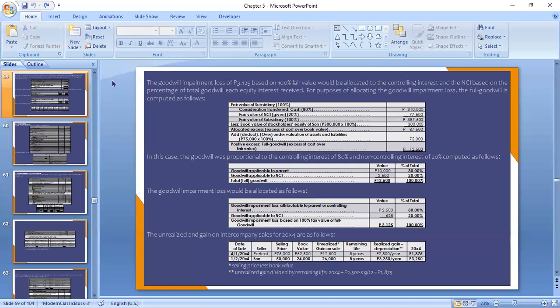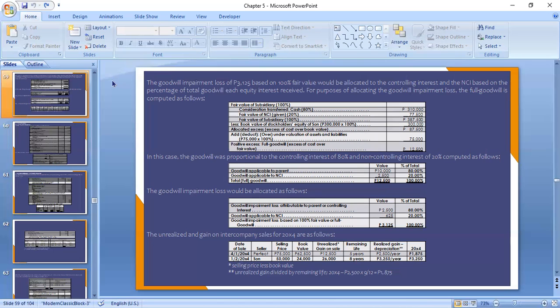So the excess, which is positive under the full goodwill approach, excess of cost over the fair value, is 12,500. Now, you will notice that the amounts that we are using here are still similar to the amounts that we have been using in the previous slides.